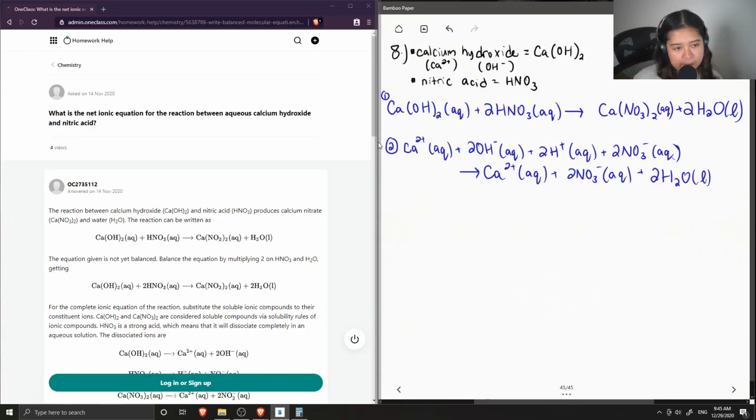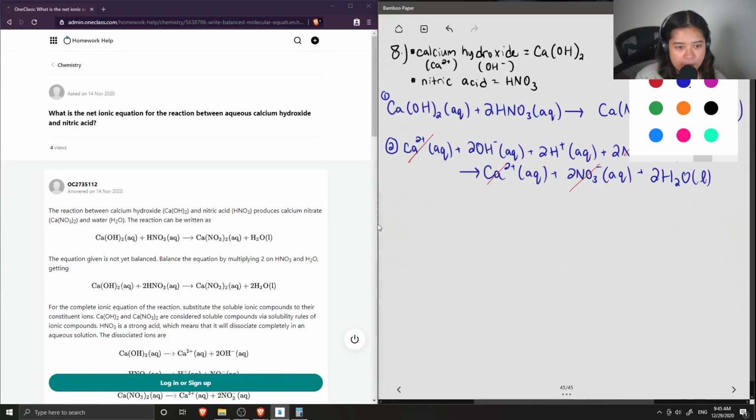Okay, so now that we wrote out our ionic equation, we are going to cancel out the spectator ions, which are the ions that appear the same on both sides of the equation. So in this case, it's calcium 2+. I can cancel it out. And the nitrate ion is the same on both sides, so I can cancel that out as well.